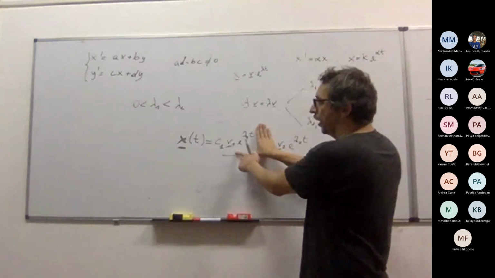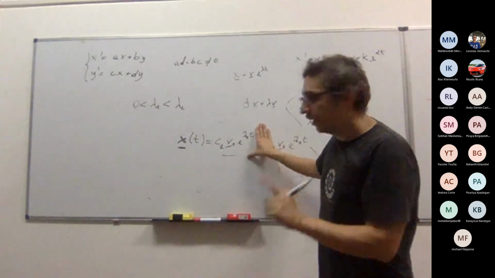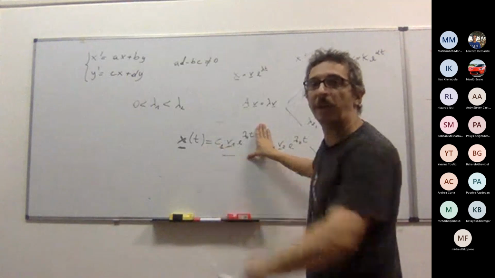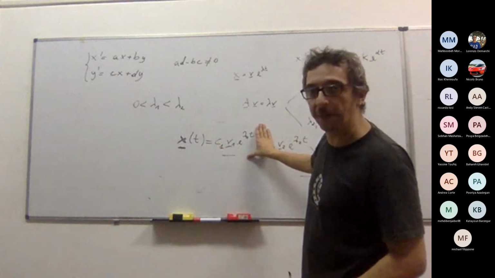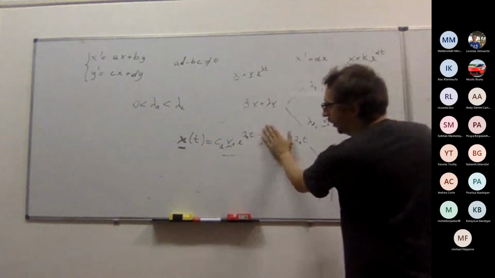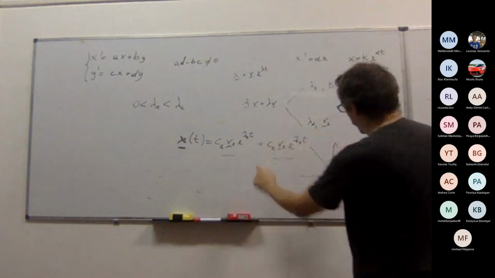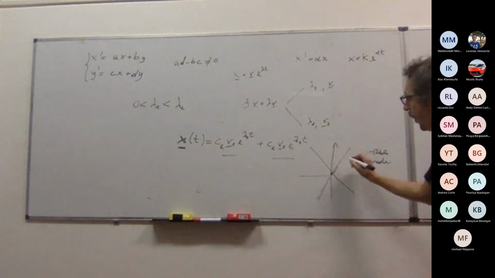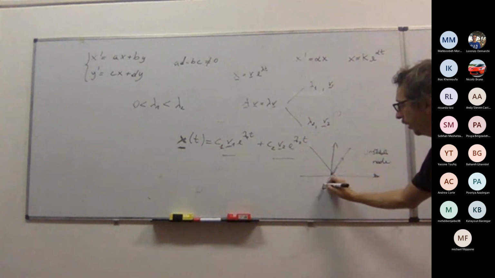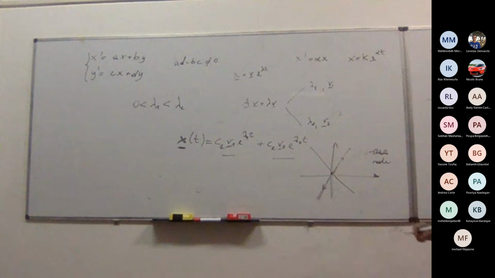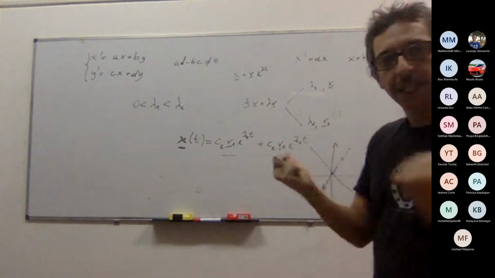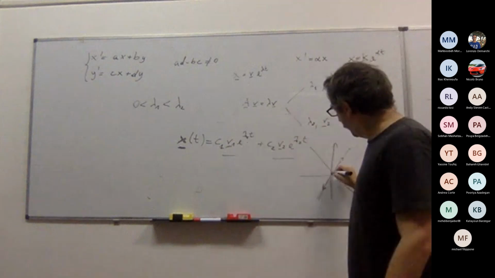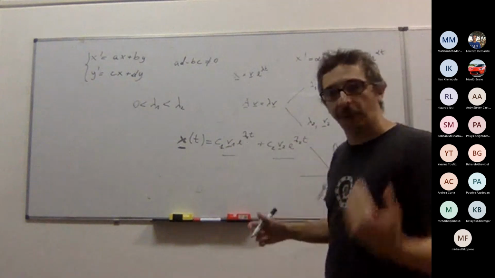Now, this solution here corresponds to two branches. One is a plus V1 branch, and the other one is minus V1 branch. So basically, this solution here corresponds to this and this, for example, with the arrows going in opposite directions and leaving the critical point. Again, remember that I cannot pass through the critical point.